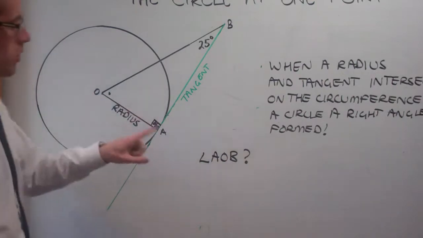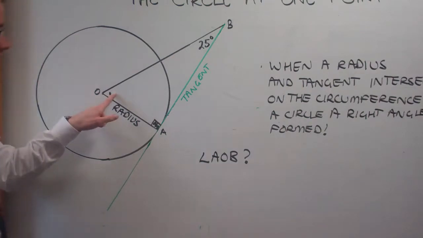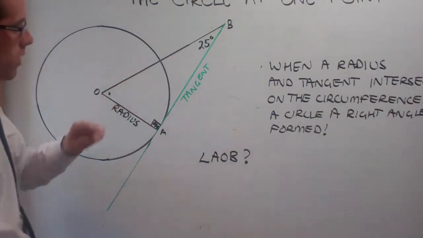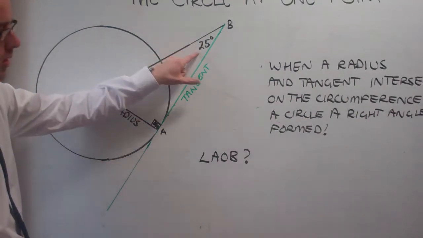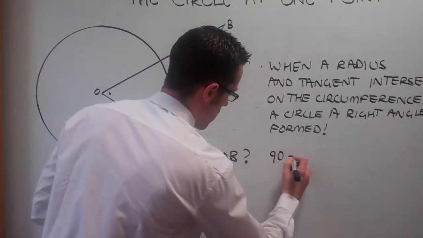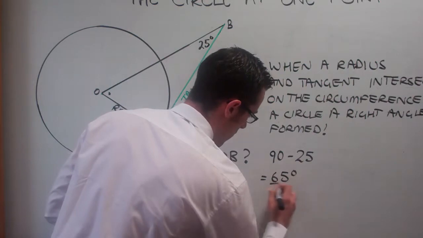Now, we know that this 90 and the 25 and that angle must add up to 180 degrees. So if we do 90 take away 25, which gives us 65, so 90 take away 25 equals 65 degrees.